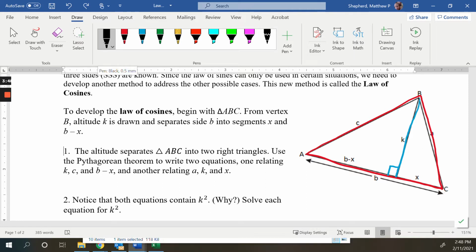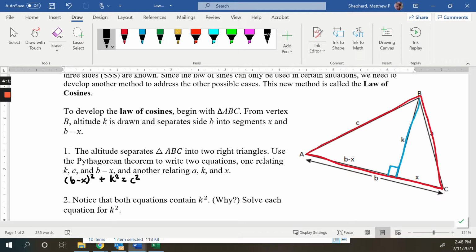Now a and b are just going to be the two sides that make up the right angle. So that would be b minus x squared, so there's a, plus b would be the k, so we're going to have k squared is equal to, luckily for us, c is c, c squared.